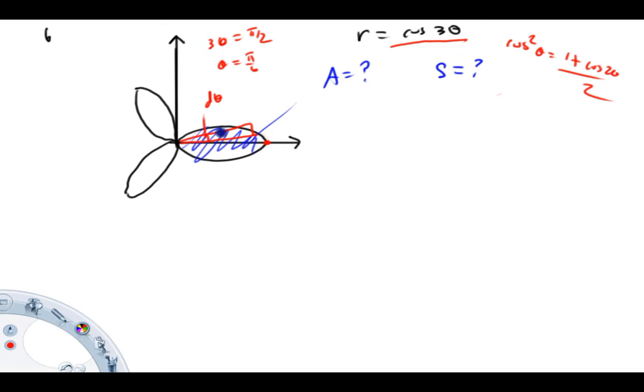It doesn't matter where in this curve I draw it, I'll just draw it maybe right here. There's a little ds. And if I blow that ds up, it can be expressed in terms of a dr, a change in radius, and an r d theta.